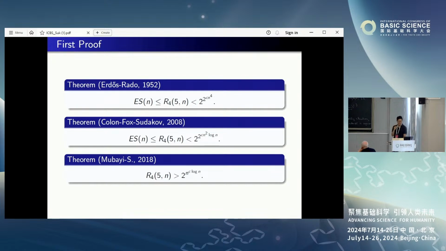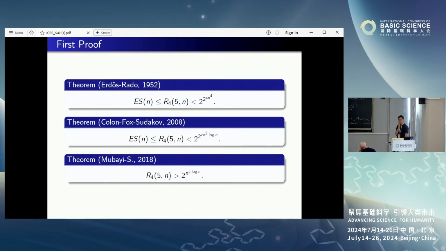There was an improvement by Collins, and then in 2018 it was improved again for this particular growth, super. So unfortunately, this first proof gives a bad estimate.